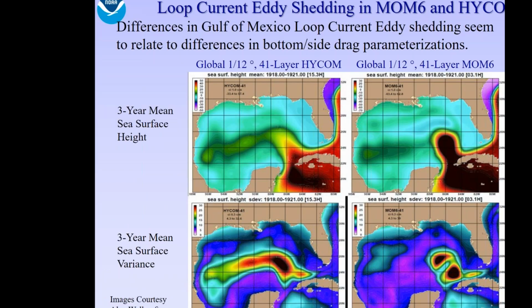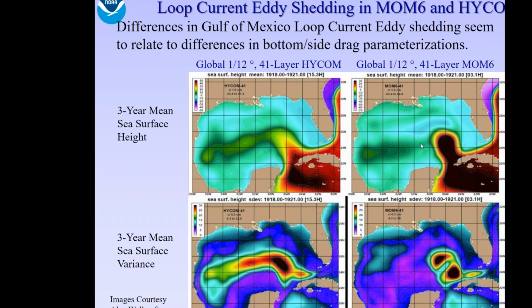And here's another example. In this case, this is the third area where HYCOM was significantly better than the MOM6 12th of degree simulation, and that is in the loop current shedding. HYCOM was shedding loop currents regularly. MOM6 by comparison was shedding them much less frequently than is in fact observed.